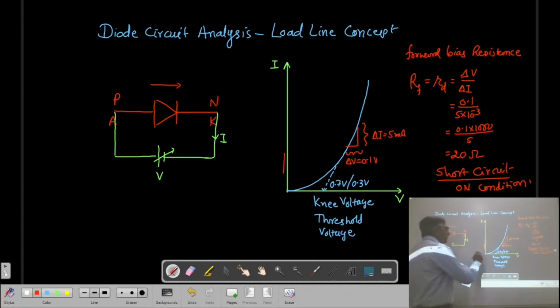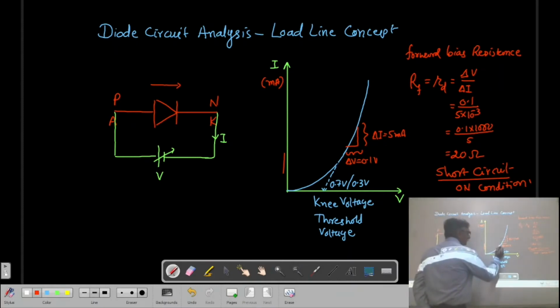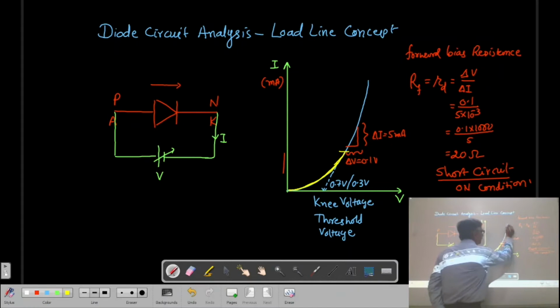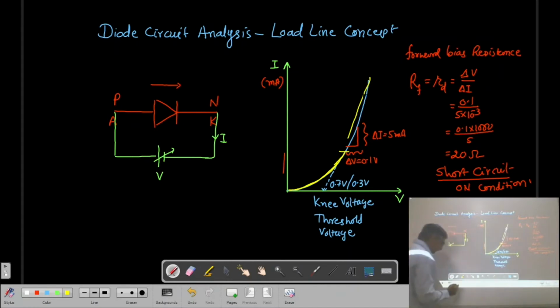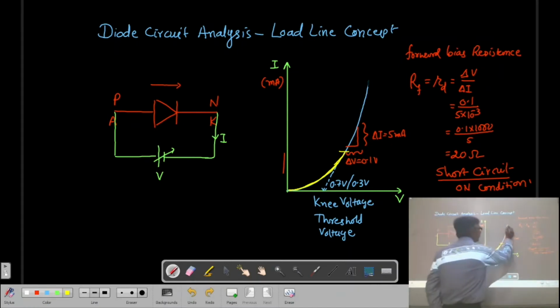Now in the forward bias connection, whatever current flows will always be in the order of a milliampere. Then the second important thing: remember, this part of the curve is non-linear, and after this, this part is almost linear.